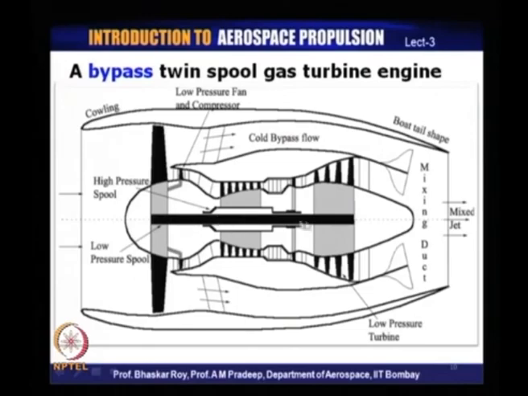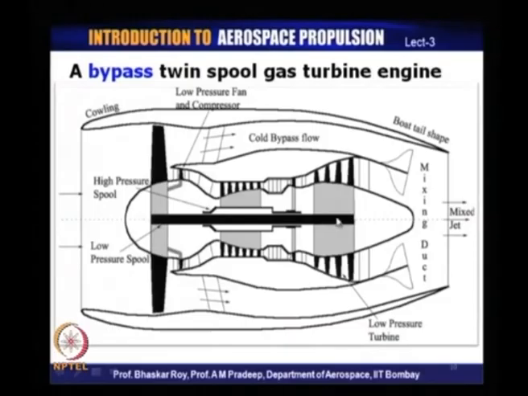Whereas the inner concentric shaft which runs right through is run by the low pressure turbine, which is quite often a set of turbines, and which powers through this shaft this big fan and sometimes a small compressor over here. So, this produces a large amount of power, and it is often referred to as the low pressure spool.